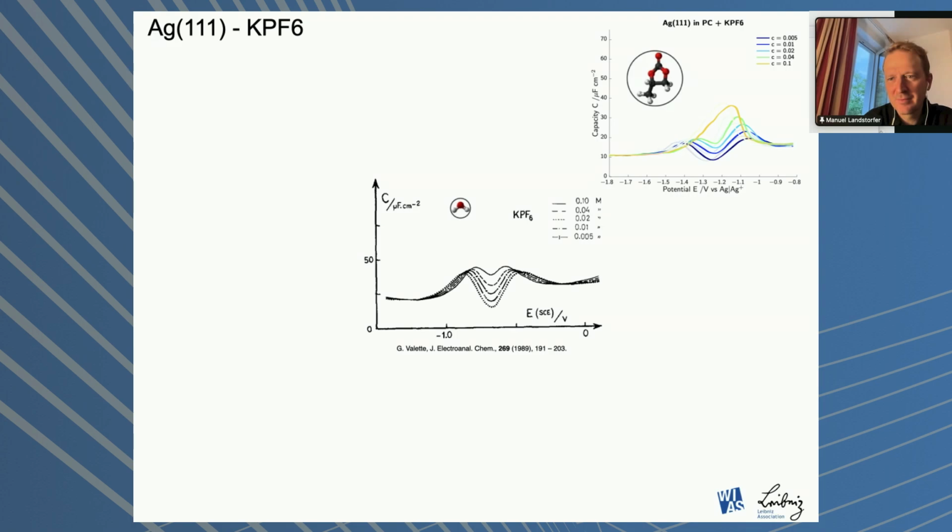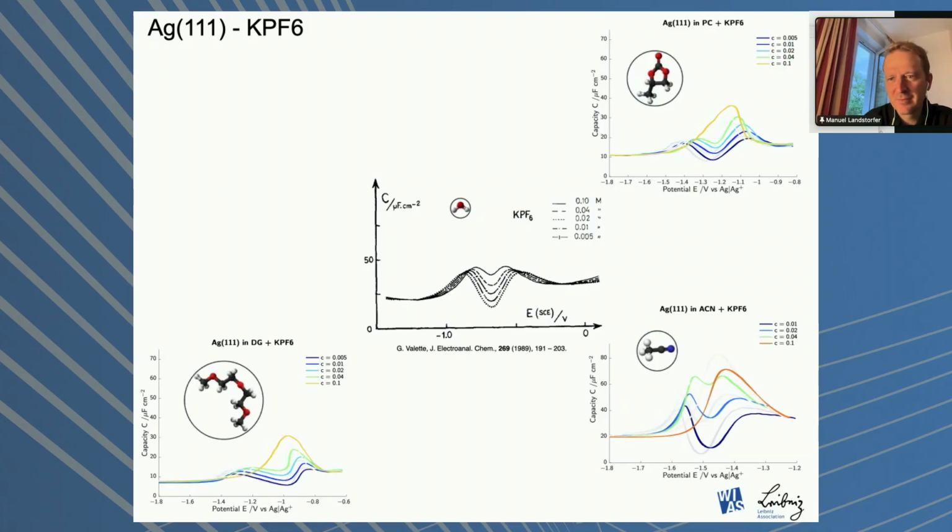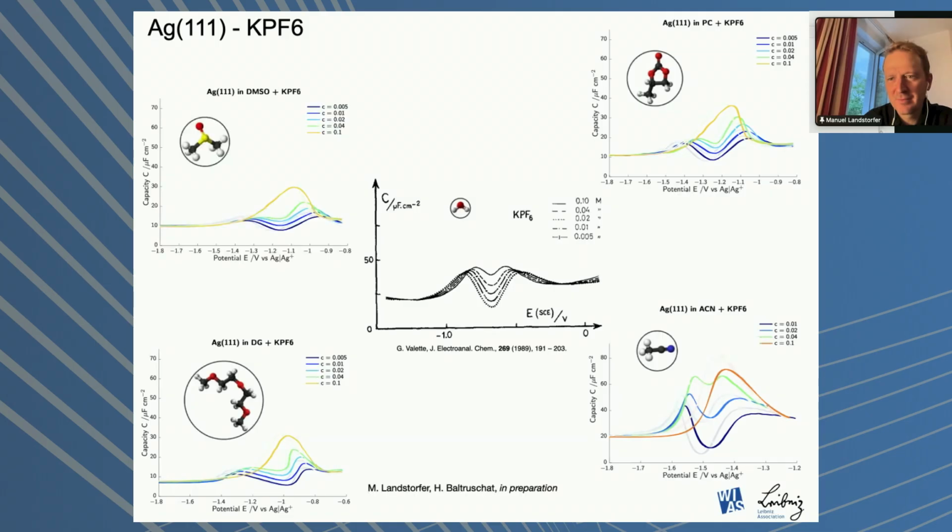So despite being important for fundamental research, they also have broad applications. Here, top right is the differential capacity for silver 111 with PC, lower right for acetonitrile, lower left for D-glyme, and upper left for DMSO.